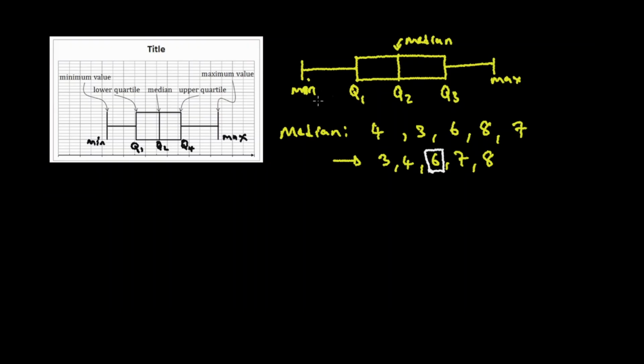First quartile, tiri kuti tiri kungotora the first half of the data. Murikupabata. First quartile, Q1, tiri kungotora the first half of the data. Saka ndi panapa tina 4, let me write it in arranged order. We always arrange. Tina 3, 4, 6, 7 na 8.